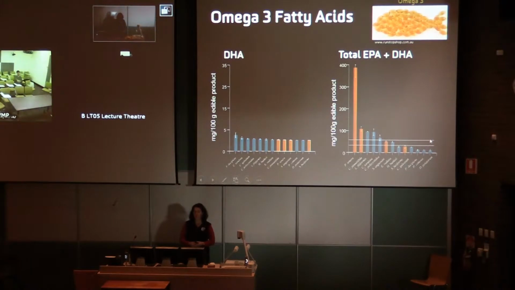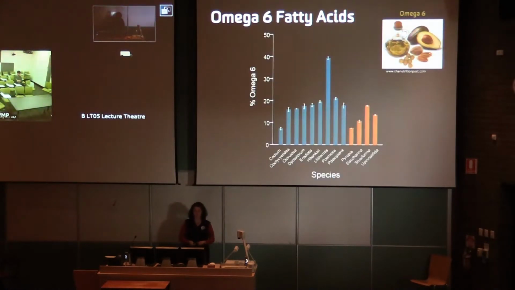And we can see here that a range of our species were considered to be both sources and good sources of these omega-3 fatty acids. But, and again, the standout here is the nori, with this very high concentration of the EPA in particular. So the Australian species are looking pretty good from our fatty acid perspective.